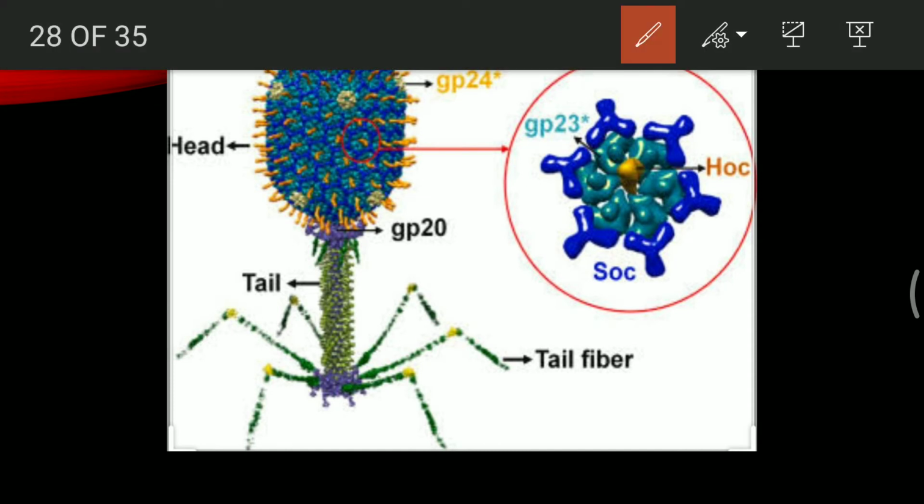Now you all can see these kinds of structures. These are basically protein sticks, and their presence is such that they are the ones which help in binding with the bacterium. The bacterium surface has a kind of receptor.